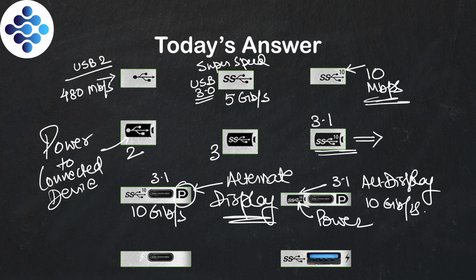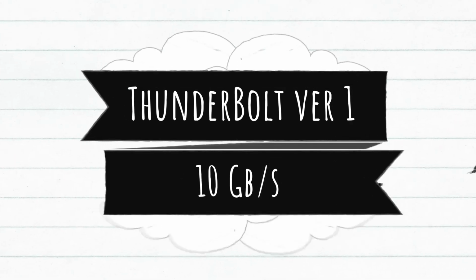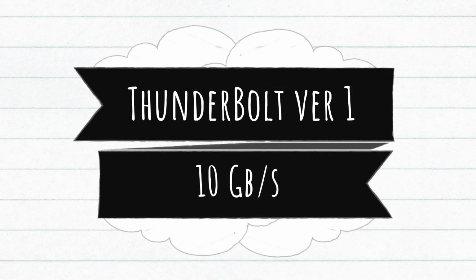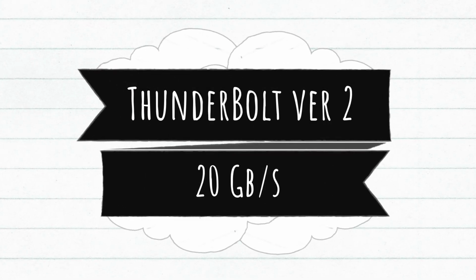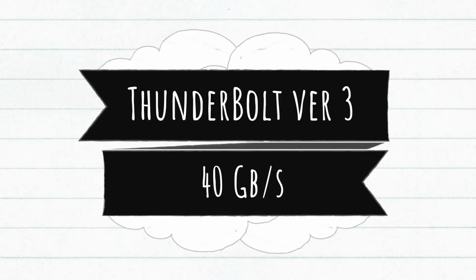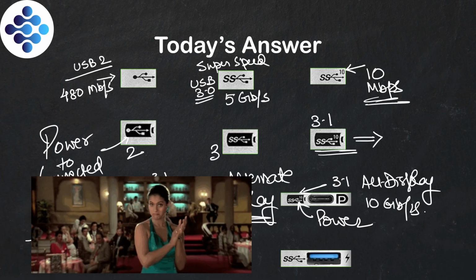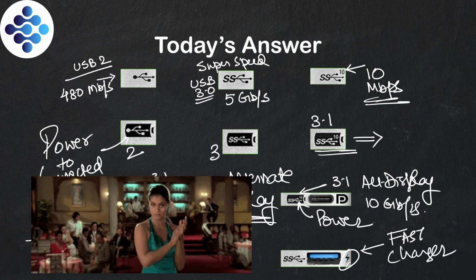Now if you see a white lightning symbol, it is called a Thunderbolt port. And finally, if you see a black lightning type of symbol, this is for fast charger. So these are the symbols and their meanings.